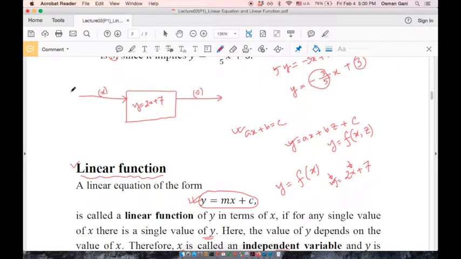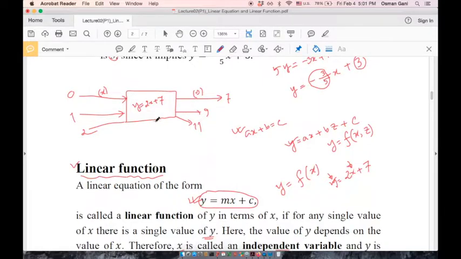If you input 0 into this machine, then the output will be 7. If your input is 1, then the output will be 9. If your input is 2, then the output will be 11. So a function is a mathematical tool where a single input has a single output.